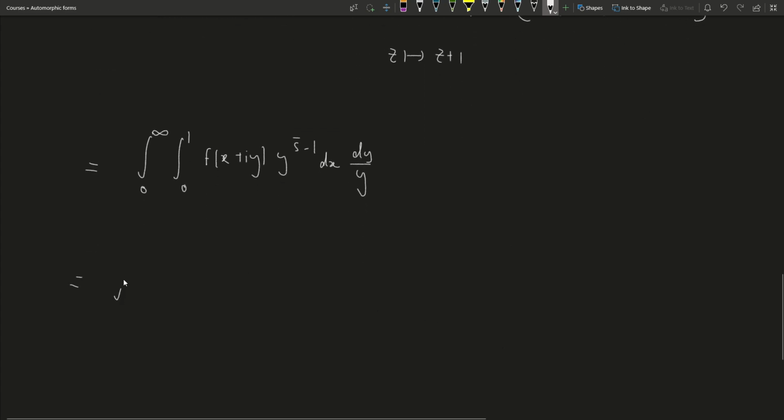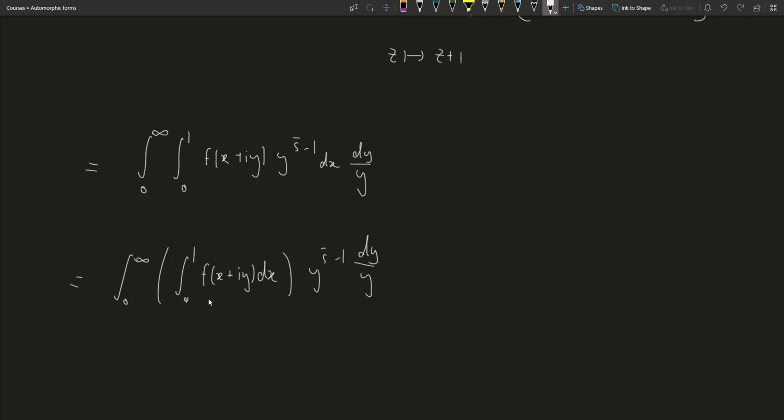To rewrite with more emphasis, this is the integral 0 to infinity, integral 0 to 1 of f(x+iy) dx, y^(s̄-1) dy over y. Yeah, so this is exactly the 0th Fourier coefficient of f.